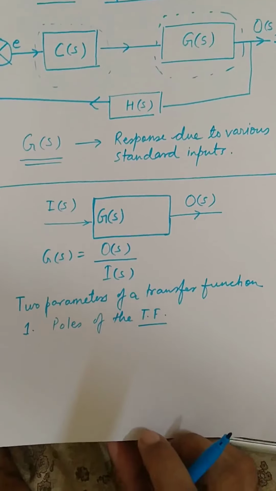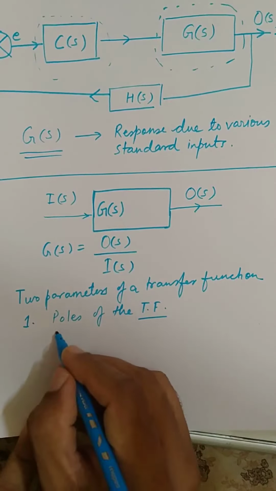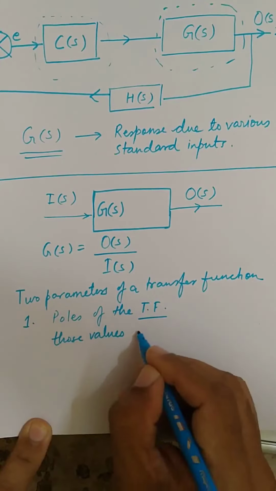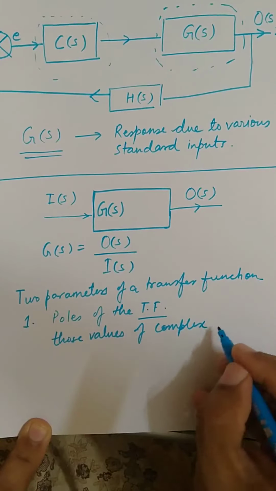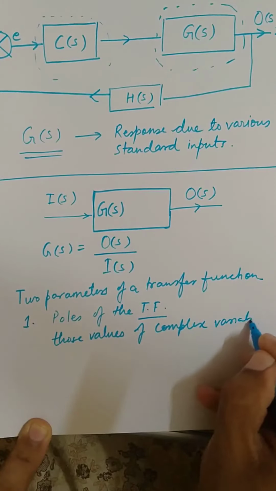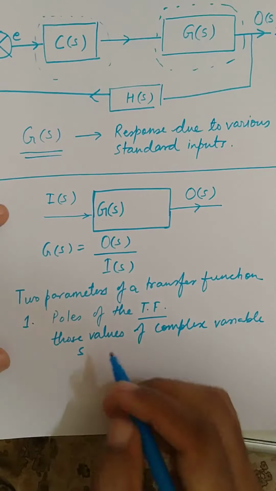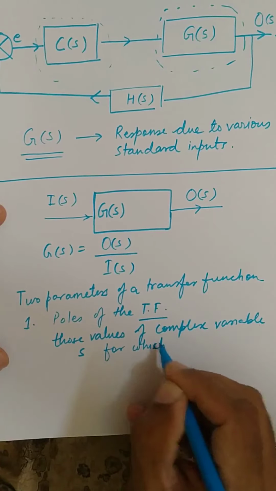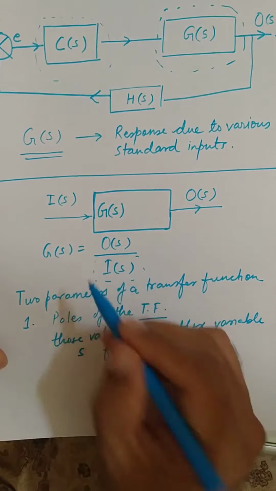Now what are the poles of the transfer function? Poles of the transfer function are defined as those values of complex variable S for which the denominator of G(S), that is the I(S), right?